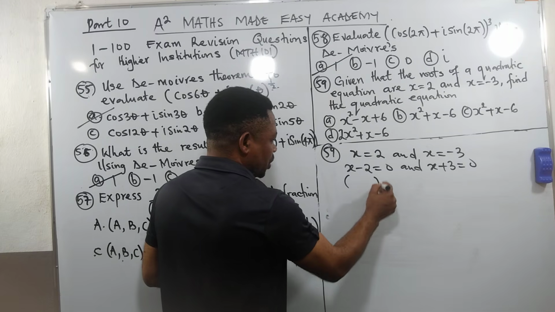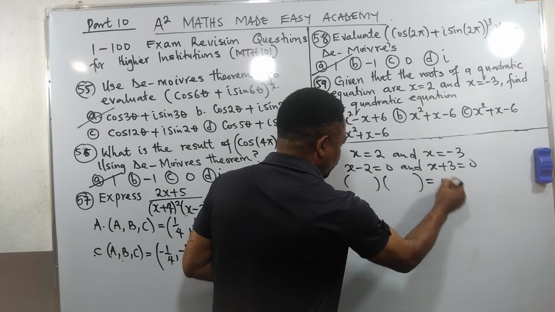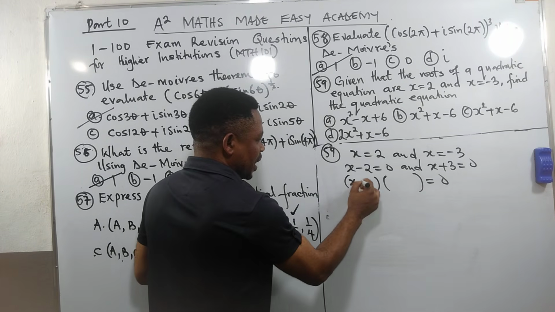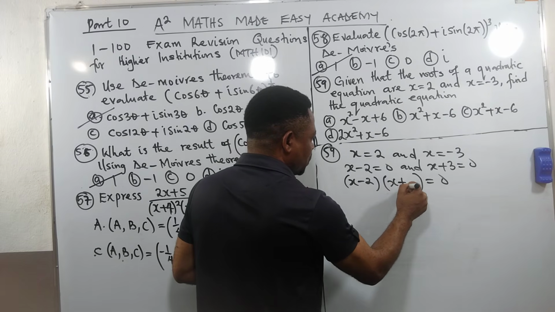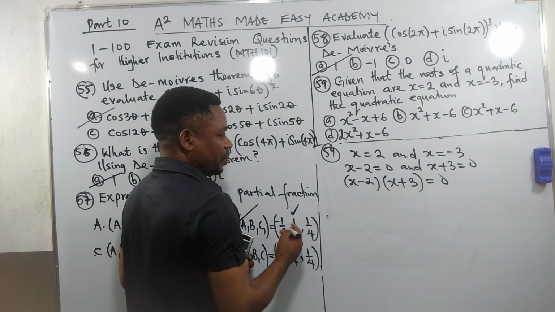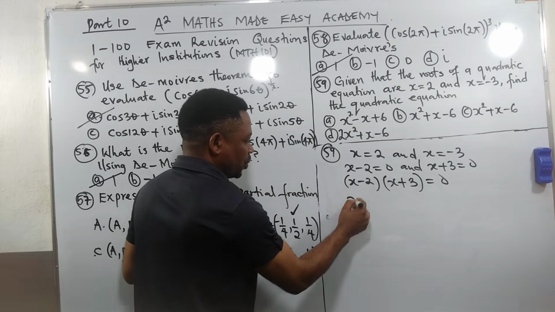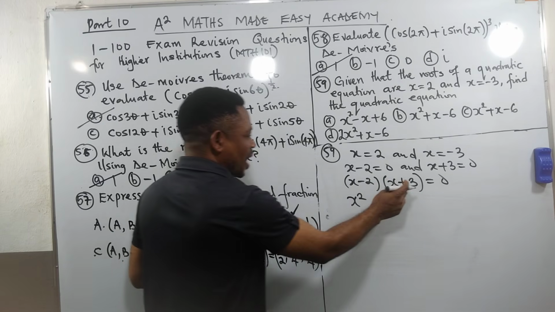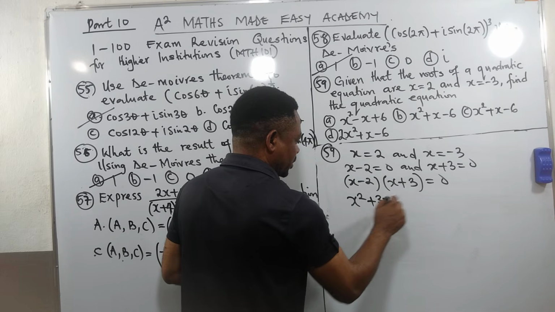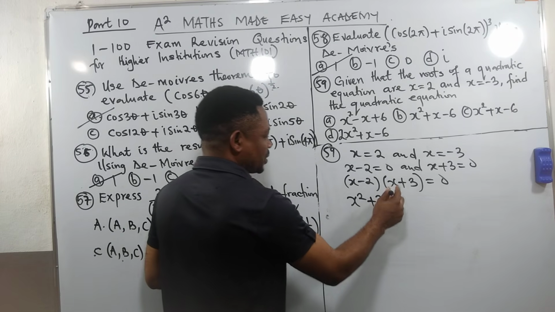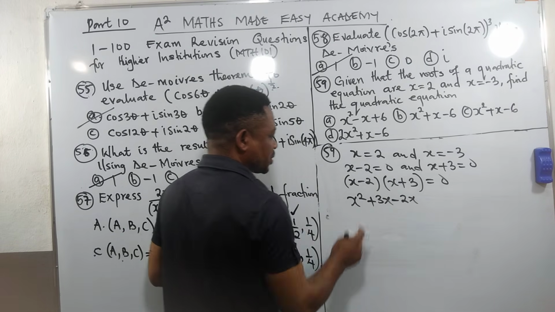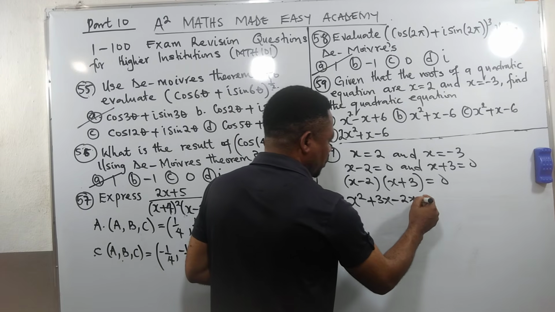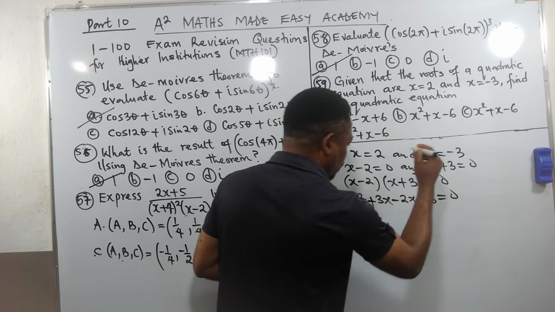Now let's multiply the two together and equate it to 0. Here is x minus 2, here is x plus 3. Can we open the bracket? x times x will give you x squared. Then x times plus 3 will give you plus 3x. Then minus 2 times x will give you minus 2x. Minus 2 times plus 3 will give you minus 6, equal to 0.